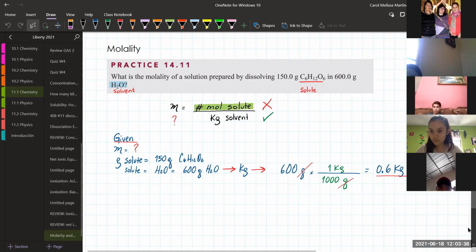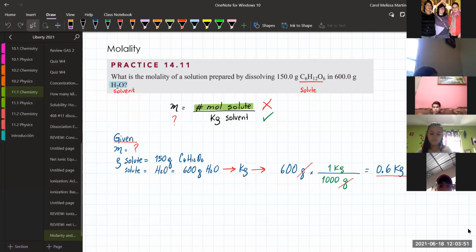And to find the moles of solute, they gave us only a mass in grams. So with the mass in grams, we can get the number of moles by using the molar mass as a conversion factor. So that is going to be the first step.